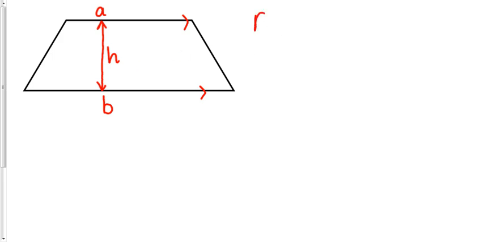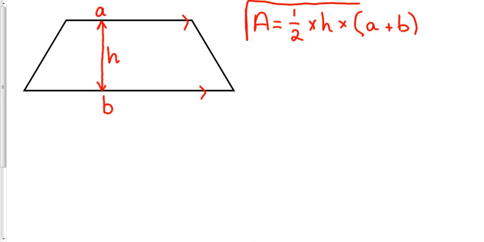The area for a trapezium is going to be half times the height, multiplied by, and then we're going to use a bracket, because we're going to add A and B. I want to add A and B first of all, before doing anything else.